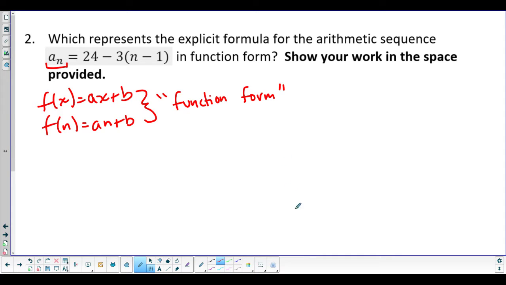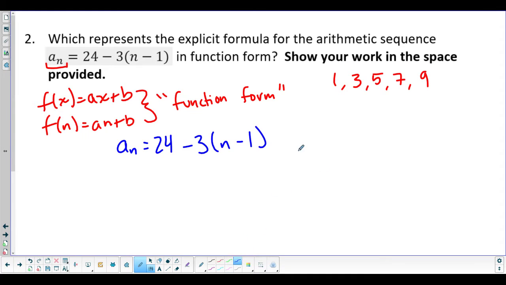And basically the process to do this is as simple as distributing, combining like terms, and rewriting. So let's work through it. Here's our original function that we're given. A sub n, our arithmetic sequence, is equal to 24, that's our starting term, minus 3 times n minus 1. And if you remember, arithmetic sequences are things like 1, 3, 5, 7, 9.